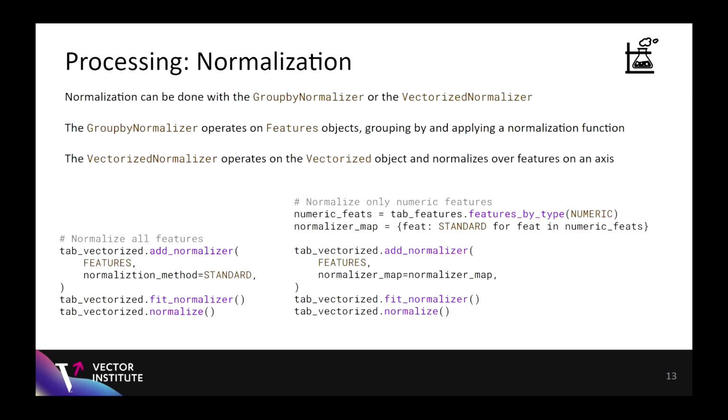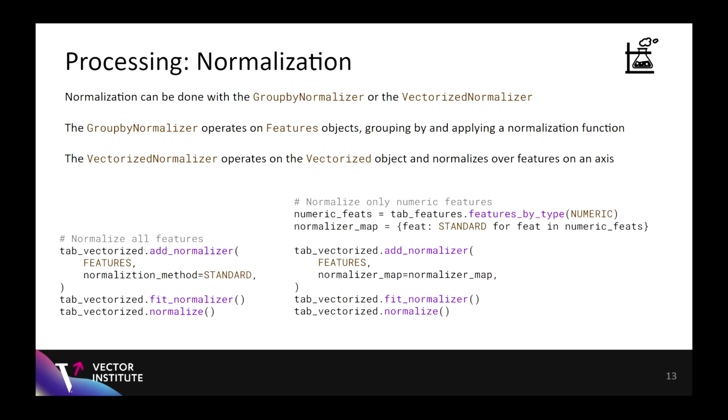Then we have the normalization, and there are actually two objects which can perform this. There's the group by normalizer, which operates on data frames or the features objects, and then the vectorized normalizer, which of course operates on the vectorized object. They both work pretty similarly. The group by groups and then applies the normalization function, whereas the vectorized normalizer does it over an axis, the same way as the imputation.